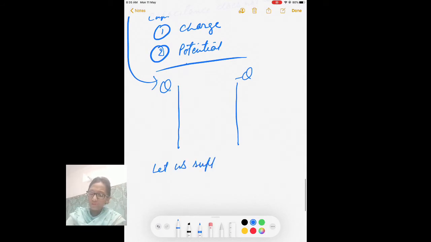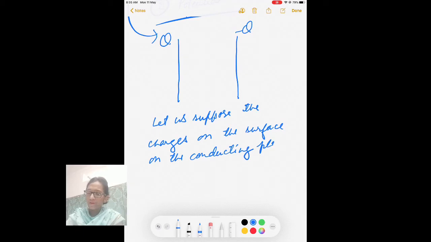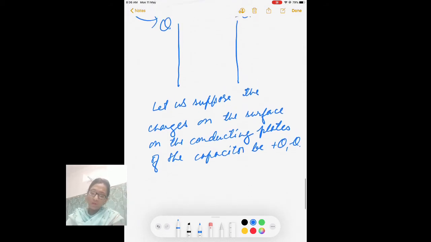Suppose the charge is on the surface of the conducting plates of the capacitor, plus Q and minus Q.